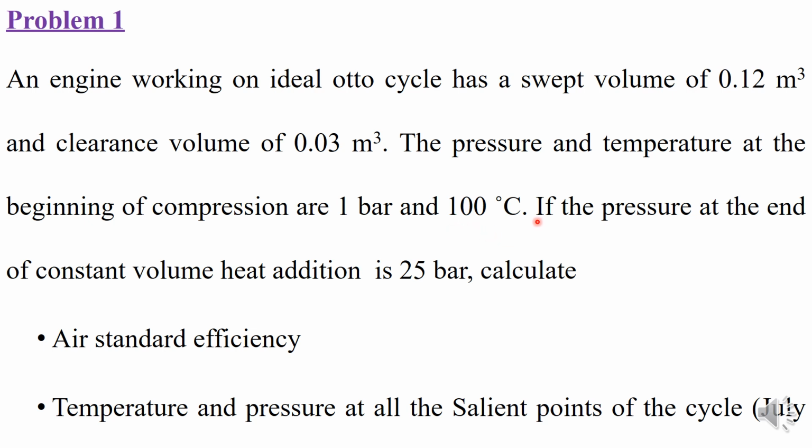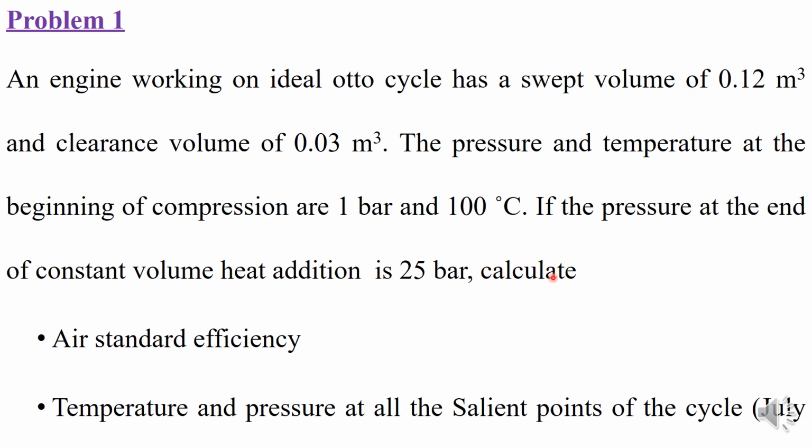Next, they give the pressure at the end of constant volume heat addition. Heat addition is the process 2 to 3, so the pressure at the end of it is at state point 3, that is P3, given as 25 bar.